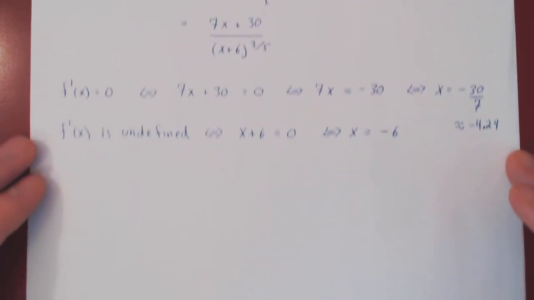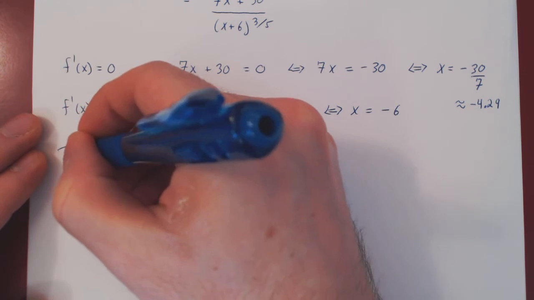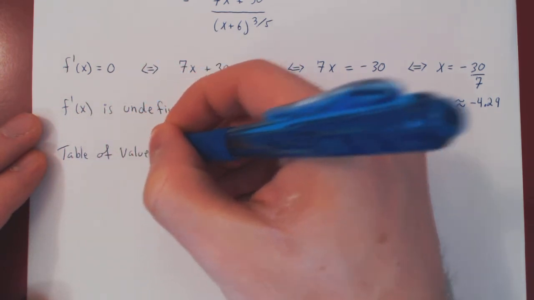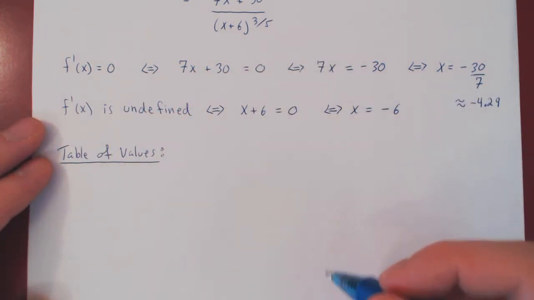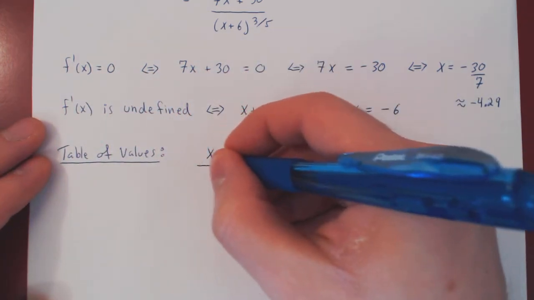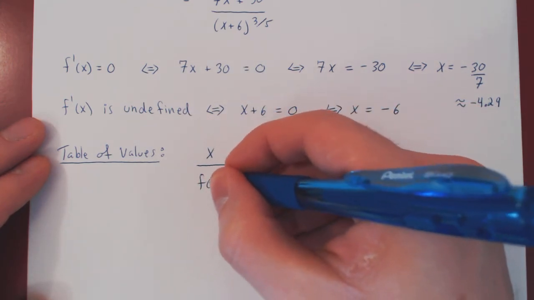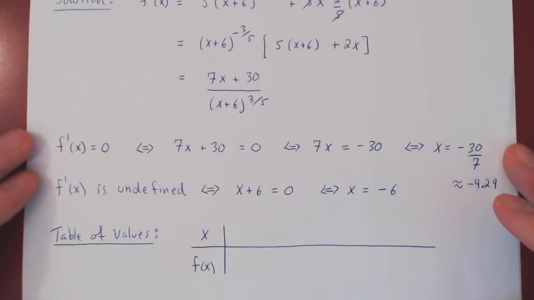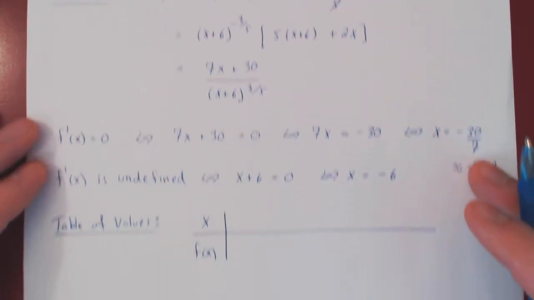Alright, so let's now make our table of values. We have our x values, and the values of our function, the y values. Let's start again from the left. So the left-hand point is negative 7.